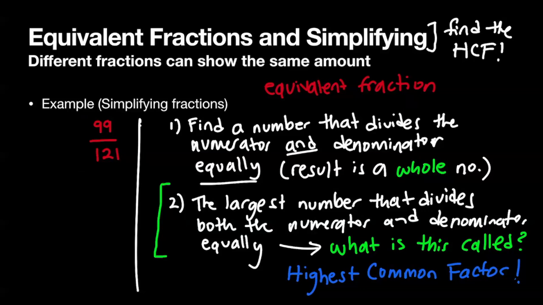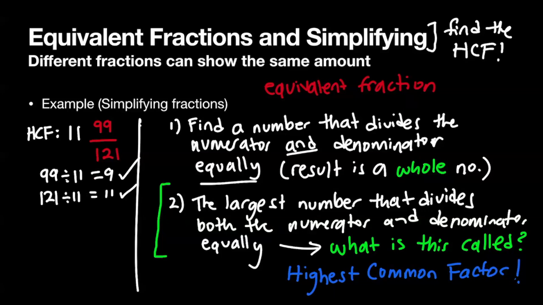I think someone said it earlier, but the highest common factor is 11, right? 99 divided by 11 is 9, so that's a whole number. 121 divided by 11 is 11.